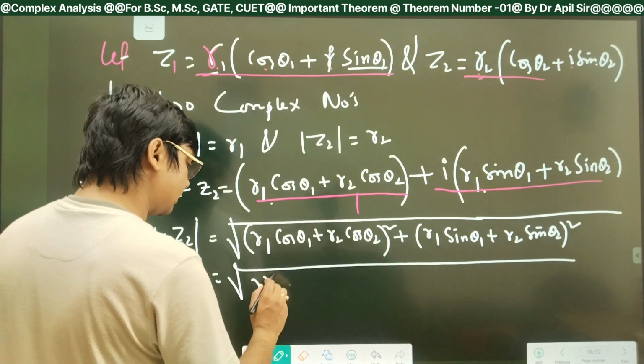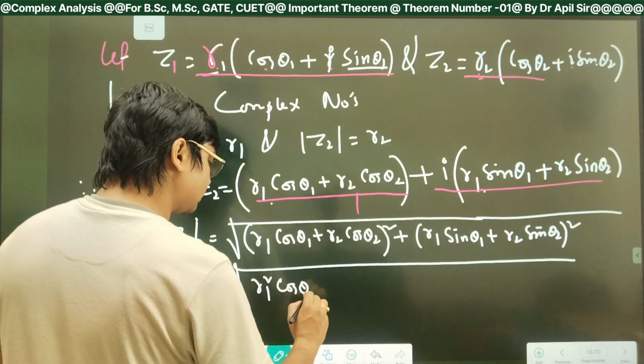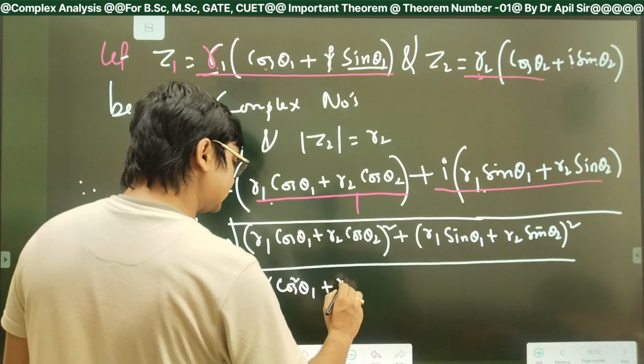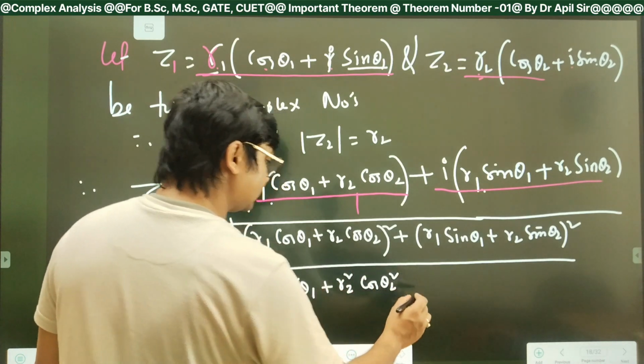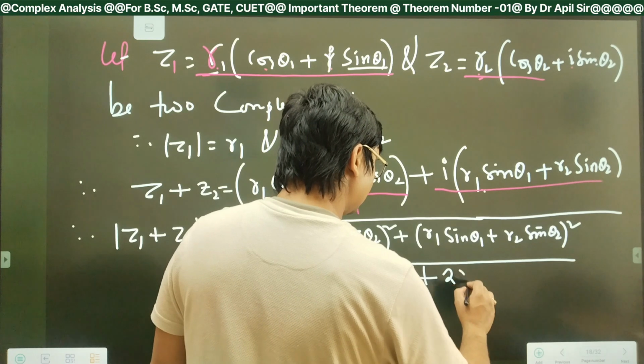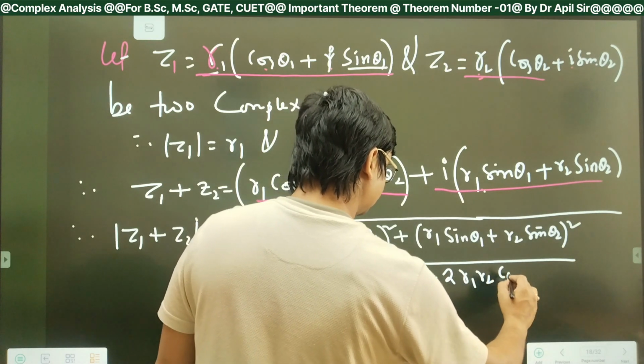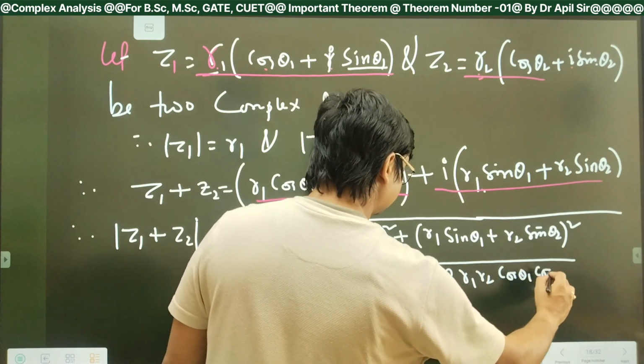We get R1 square cos square theta 1 plus R2 square cos square theta 2 plus 2 R1 R2 cos theta 1 cos theta 2.